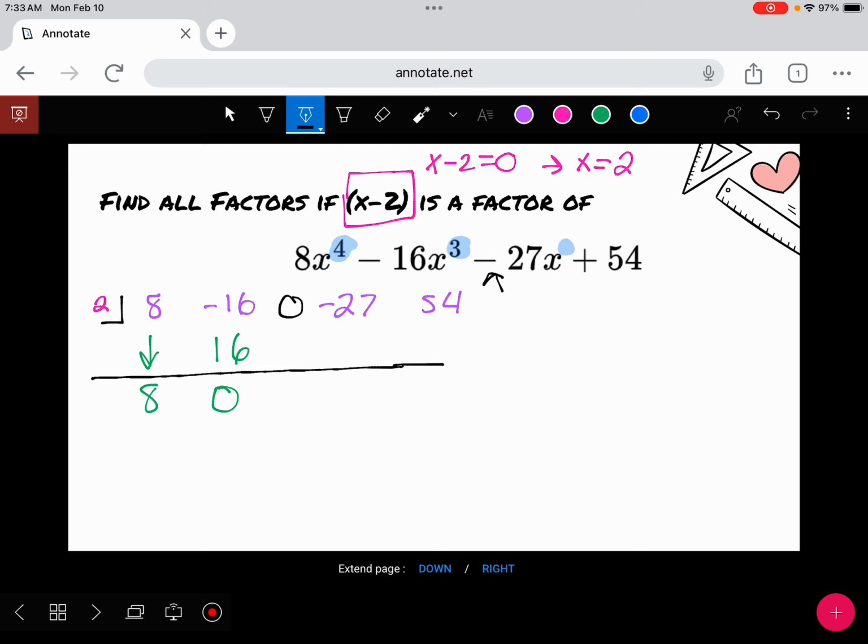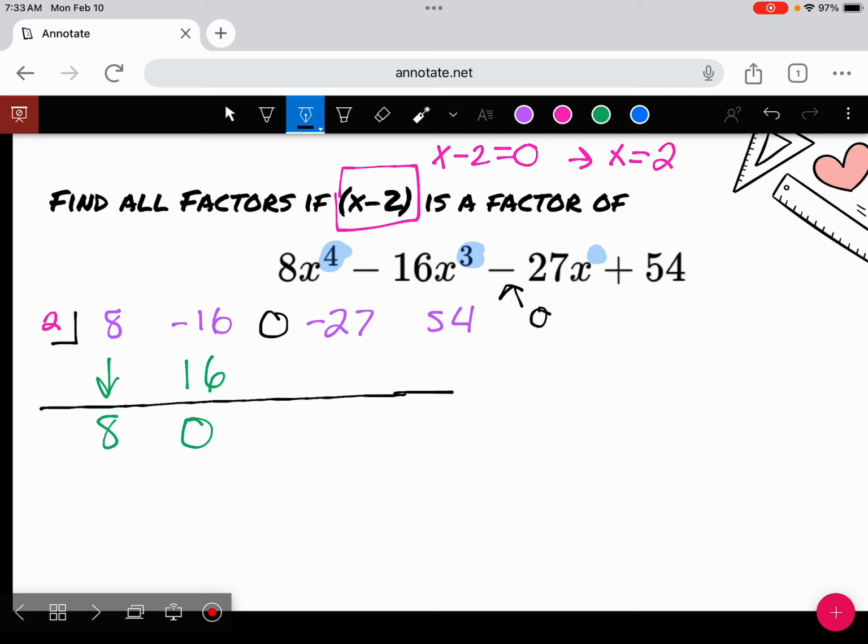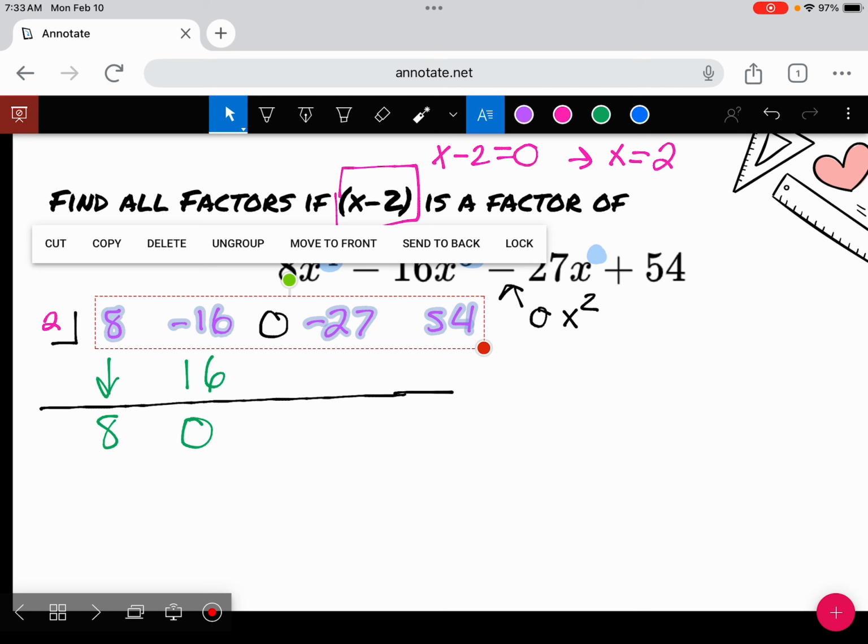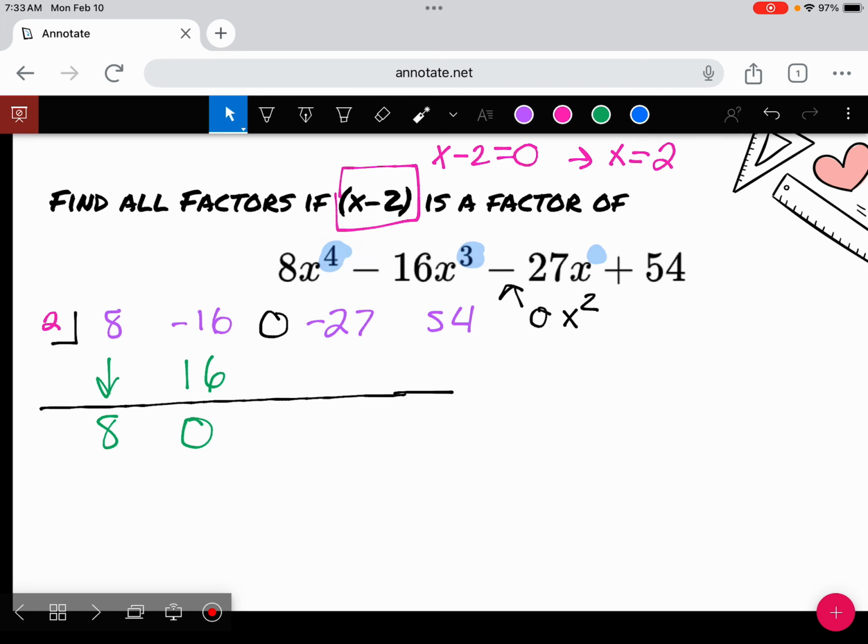That will get us to line up, because we need to include the fact that we have our 0x squareds in our synthetic division. We have to have that space there. I'm going to give us just a smidge more space by moving these over a touch. Having the values in there for every single piece makes it different. Otherwise, we don't have enough coefficients. We're missing a space on the bottom.